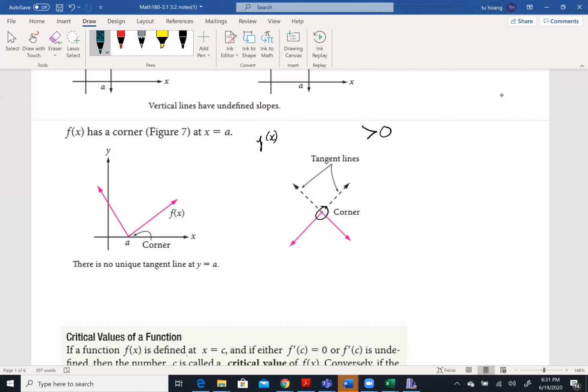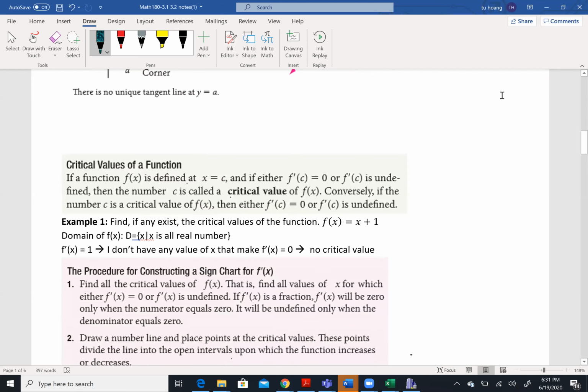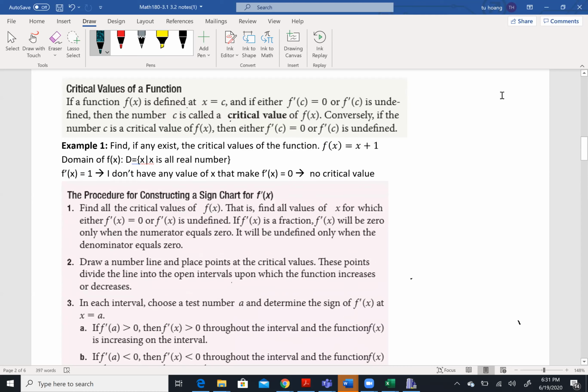Now let me talk about the critical values of a function. If a function f(x) is defined at x equals c, and if either f'(c) equals 0 or f'(c) is undefined, then the number c is called a critical value.